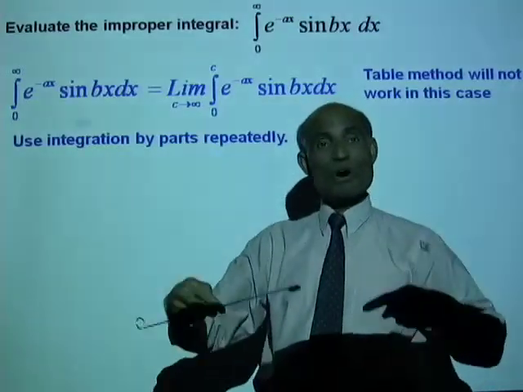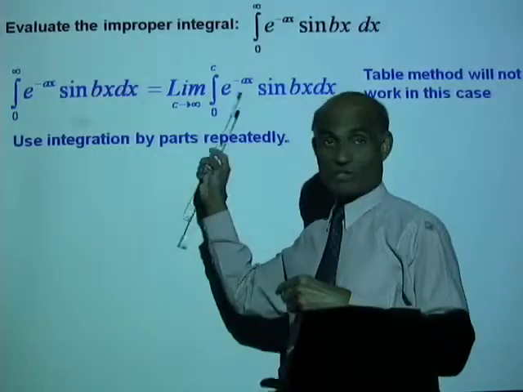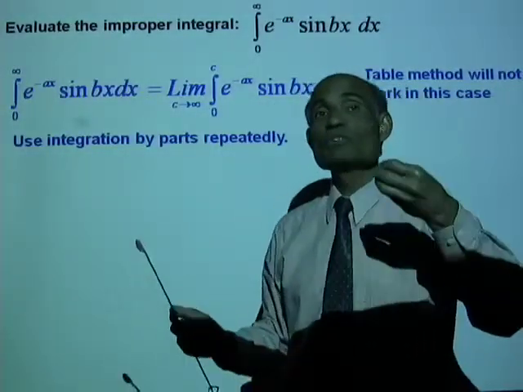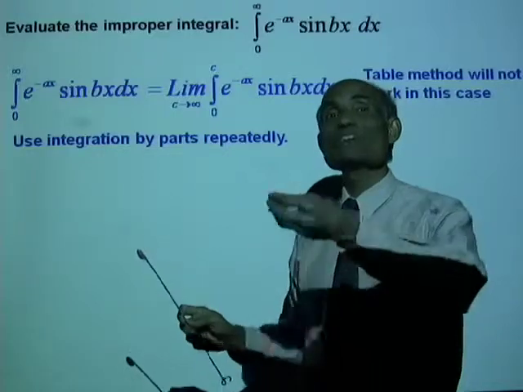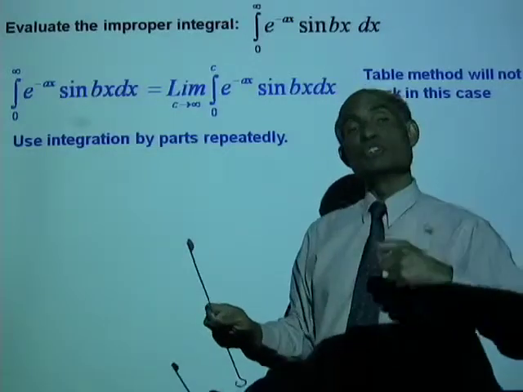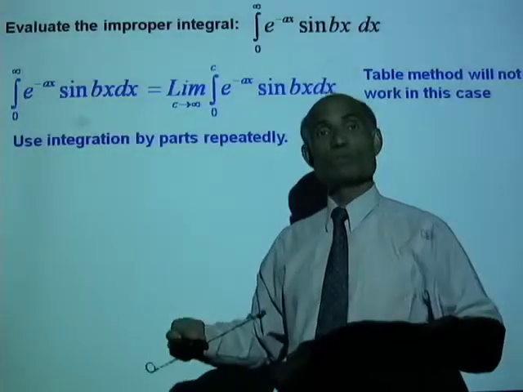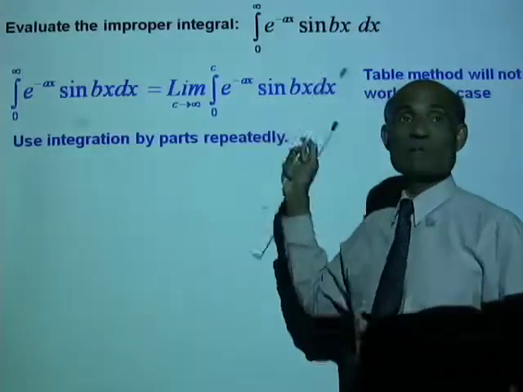It will roll over and over. Similarly, integrating sine bx dx will give you negative cos bx over b, negative sine bx over b squared. It will roll over. So you cannot use the table method here.